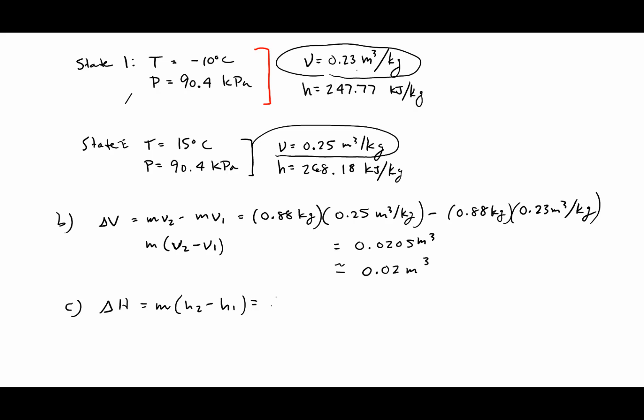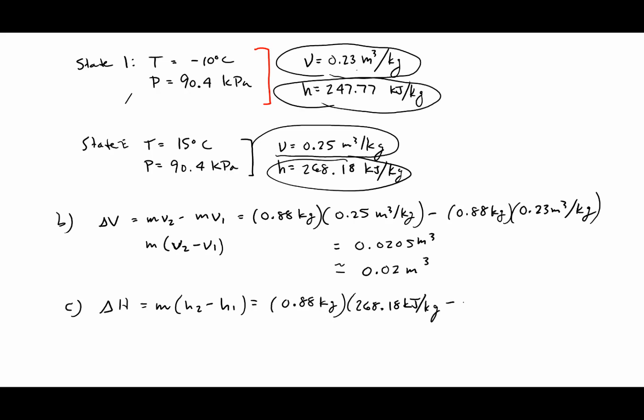So this is 0.88 kilograms multiplied by 268.18 kilojoules per kilogram minus 247.77 kilojoules per kilogram. This works out to 17.9 kilojoules, and the kilograms cancel, so it's just 17.9 kilojoules.